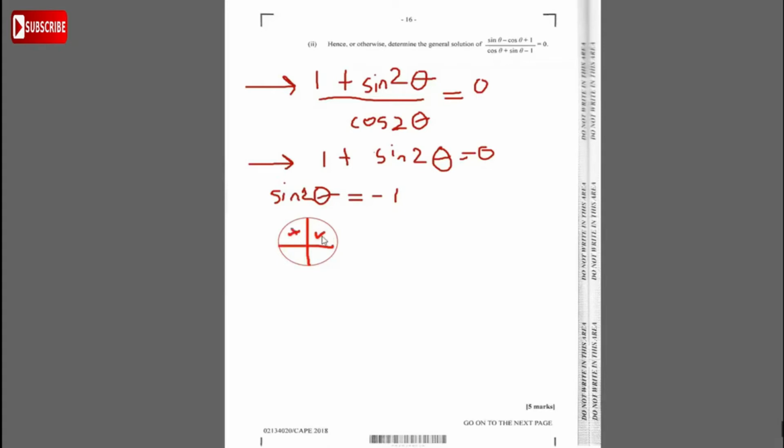We want where it's negative. It's negative in the third and the fourth quadrant. Now, first thing is find the principal acute angle in the first quadrant, which is sine inverse of 1. Sine inverse of 1 is 90 degrees, pi by 2. That's the angle in the first quadrant. So the angle in the third quadrant is going to be pi plus pi by 2.